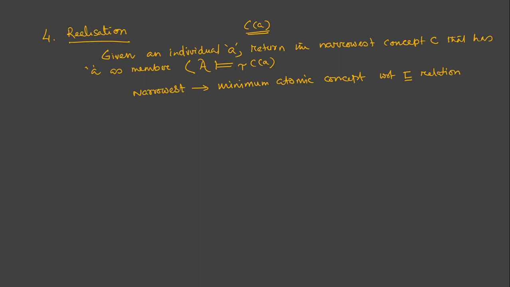So for example, you observe that a is a member of, say, person, and a is also a member of, say, male, and you also know that male is a subclass of person. So your output for this reasoning task would be male(a) instead of person(a), because male is the narrowest concept between male and person, right?